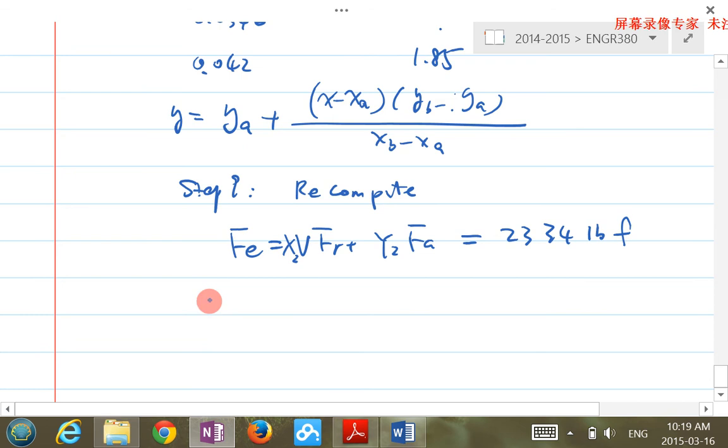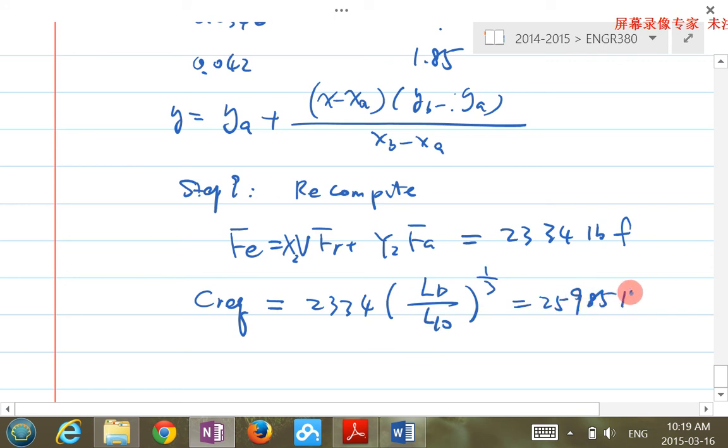Then you calculate again the actual C required, with the same LD, same L10, and this is 25,985 pounds force, C required.